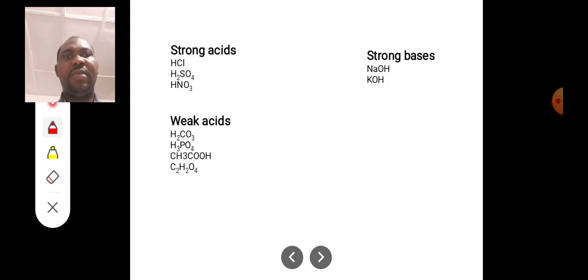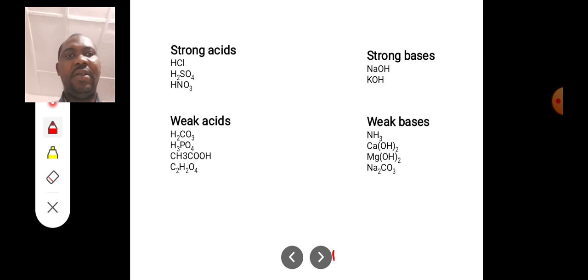Okay, strong bases, we have just two strong bases: potassium hydroxide and sodium hydroxide. Then the rest are weak bases, of course. We have ammonia solution, aqueous ammonia. We have calcium hydroxide, magnesium hydroxide, sodium carbonate.